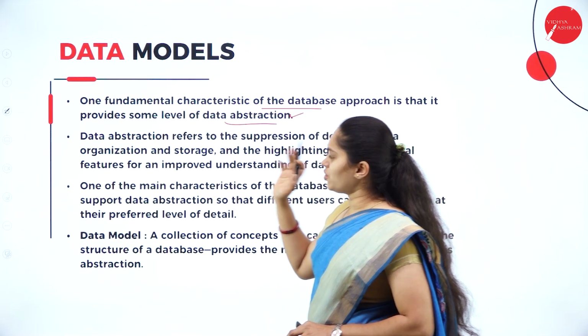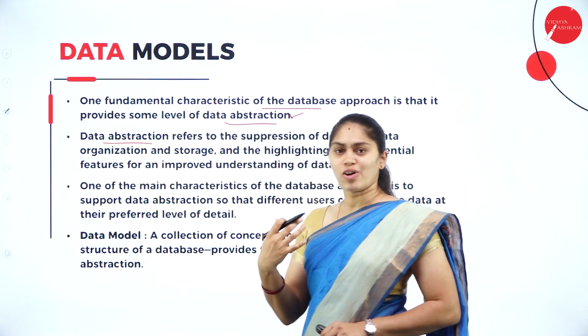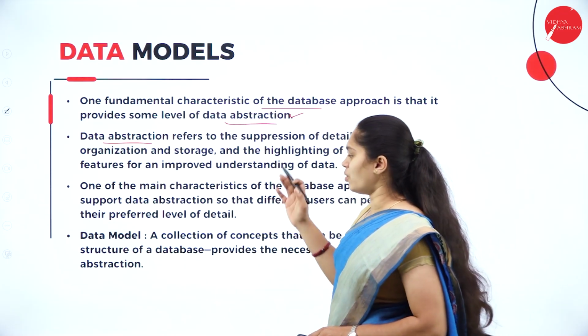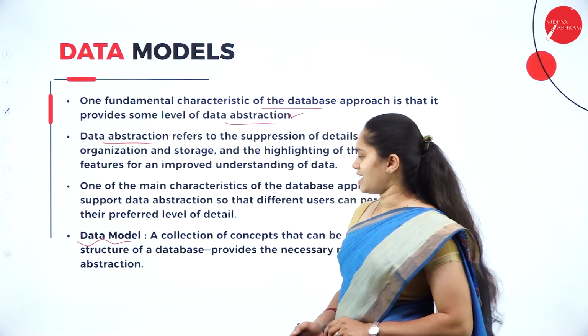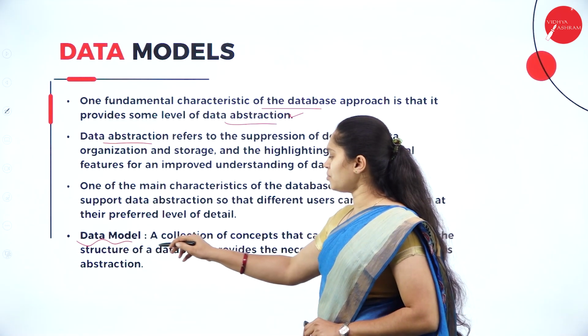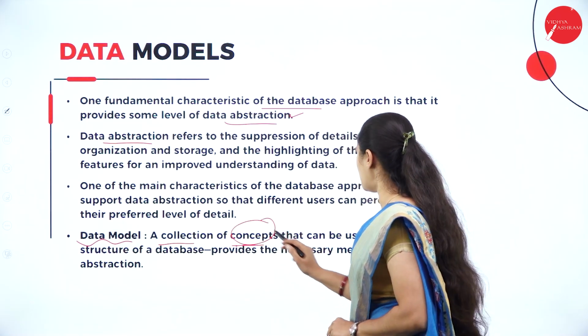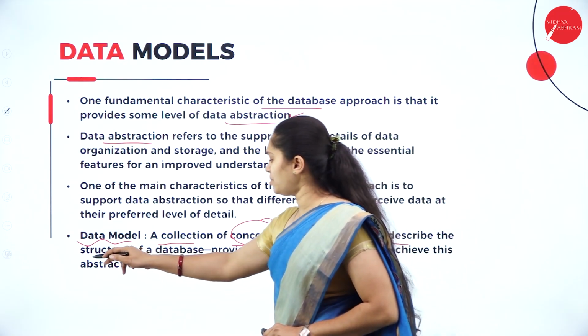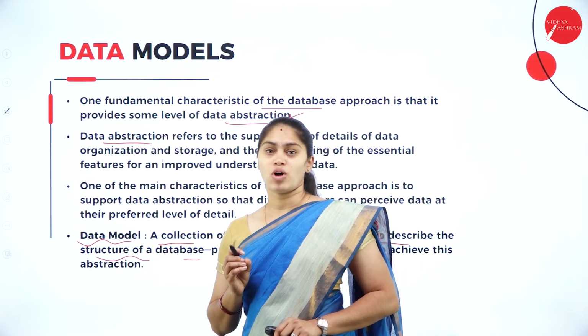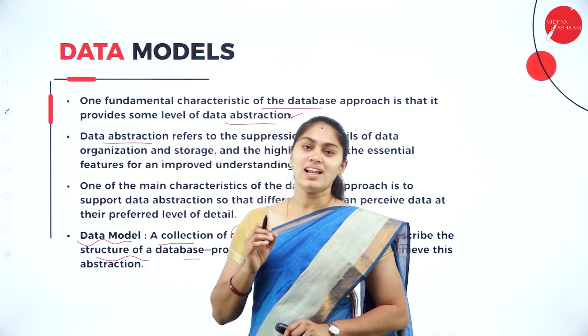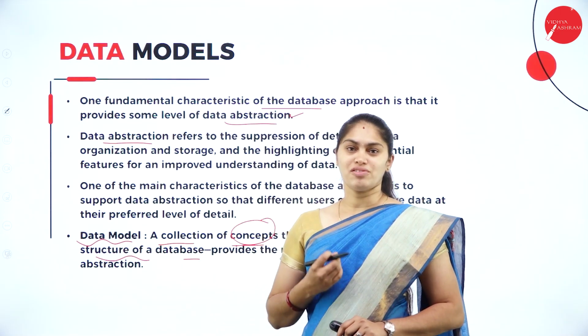In order to get the data abstraction, we are going to use data models. Then why do we require this data model? What does it mean? You can see here. A data model is a collection of concepts that can be used to describe the structure of a database. So we are using a database model in order to describe the structure of a database.